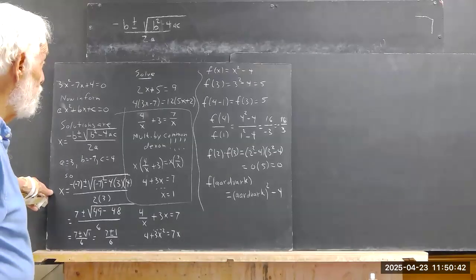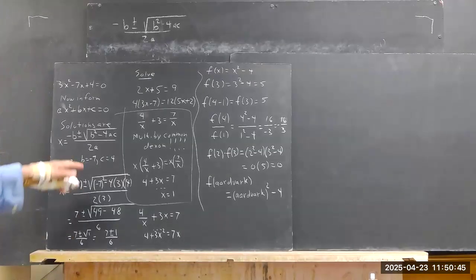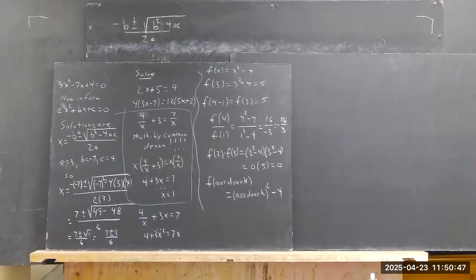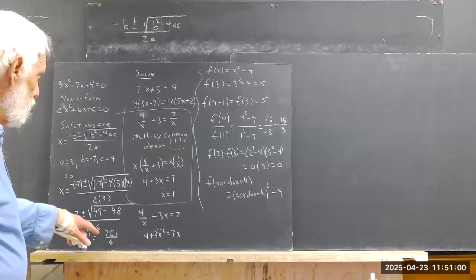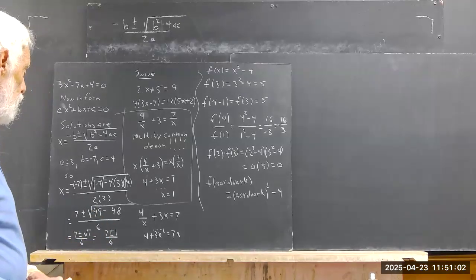Now I haven't left myself quite enough room, but I wanted to make sure about this. Okay? Everybody understand? You just got to be careful. Get the numbers in there, do the arithmetic. Watch out for negative signs. Okay, now what is 7 plus or minus 1 over 6?